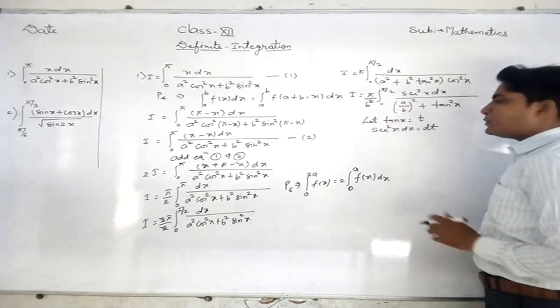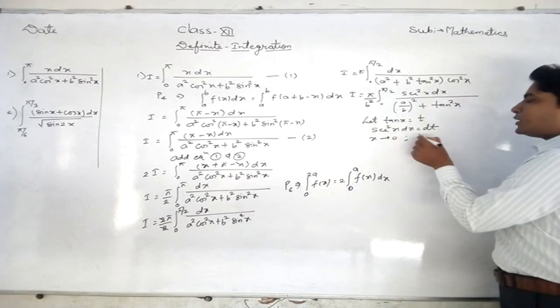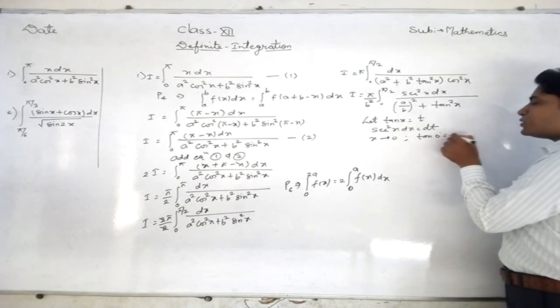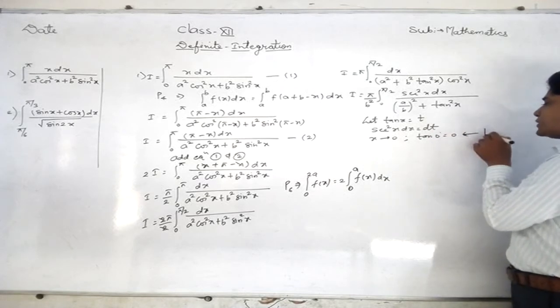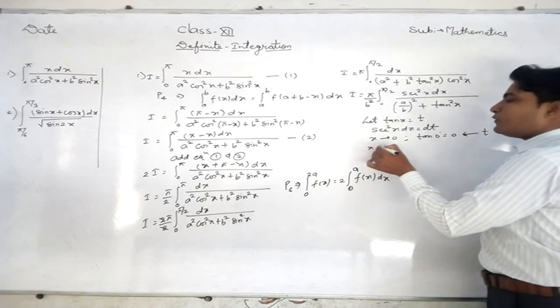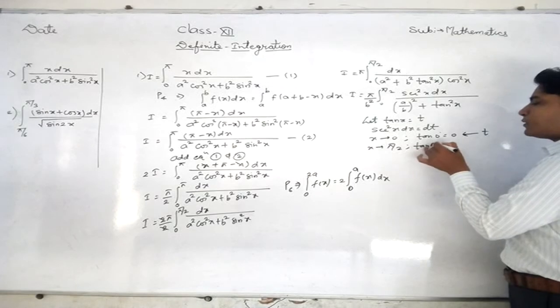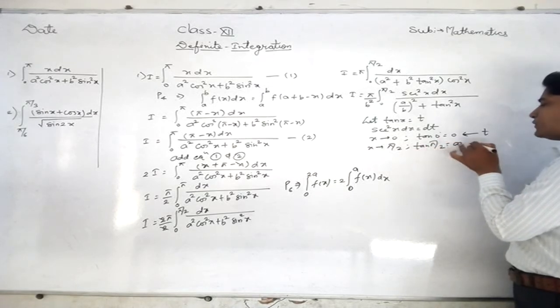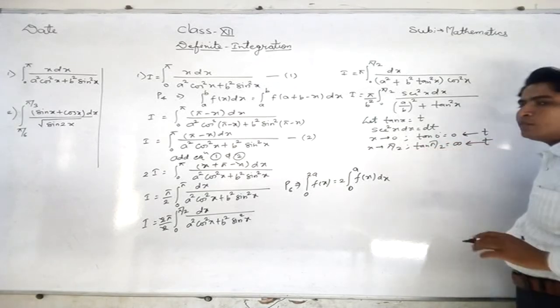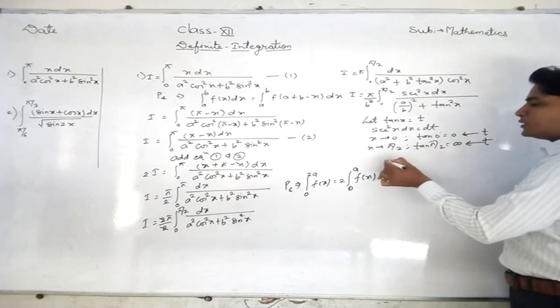If x tends to pi by 2, we get tan pi by 2, which means infinity, so t tends to infinity. So here we get the limit 0 to infinity. So I equals pi upon b square, integral from 0 to infinity of dt divided by a by b whole square plus t square.